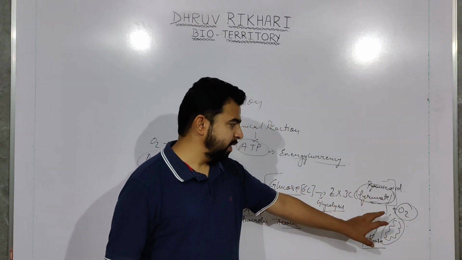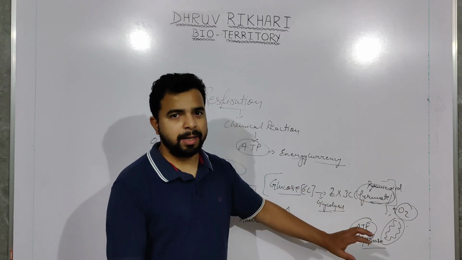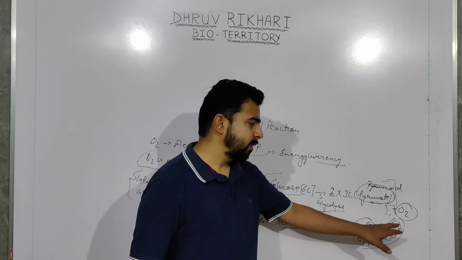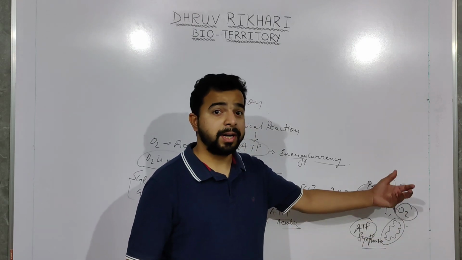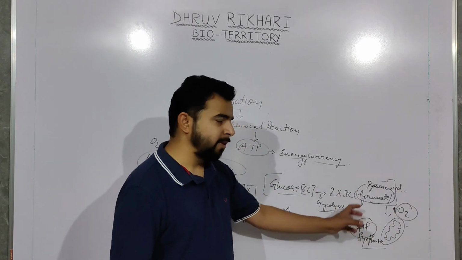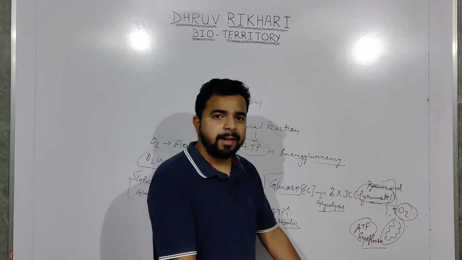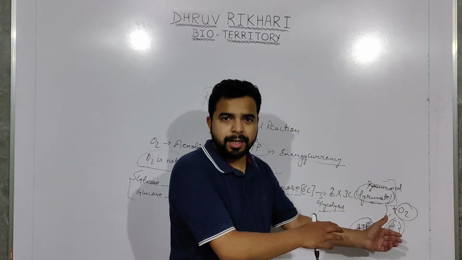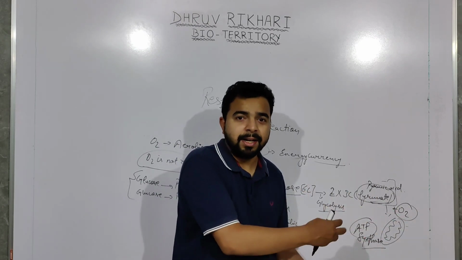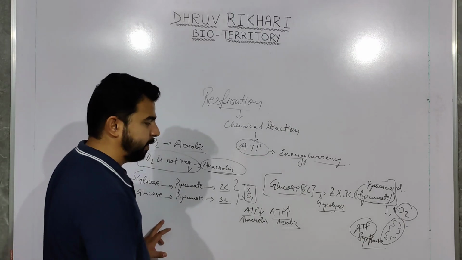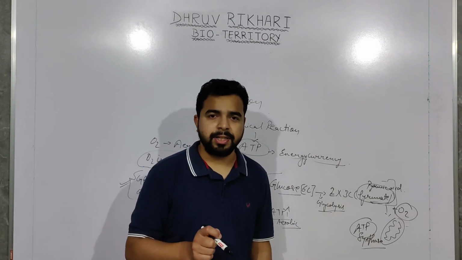Now this reaction is very much in detail, but that is not a part of your syllabus. Here the tricarboxylic acid cycle takes place, or we call it the Krebs cycle. That is more detailed, but it is not in your syllabus. So you just have to understand that in aerobic respiration, the ATP production is higher as compared to the ATP produced in anaerobic respiration, where oxygen is absent.